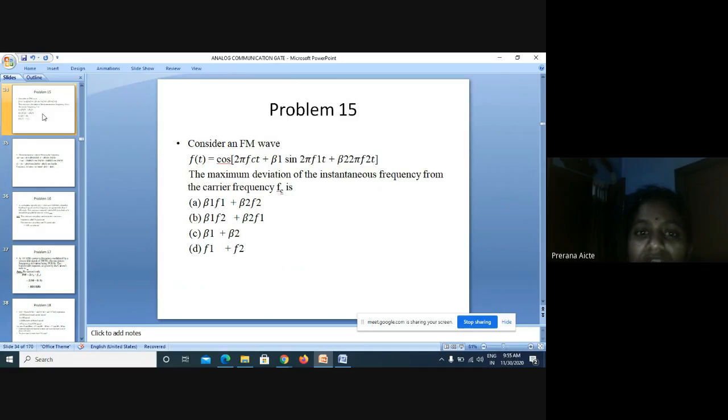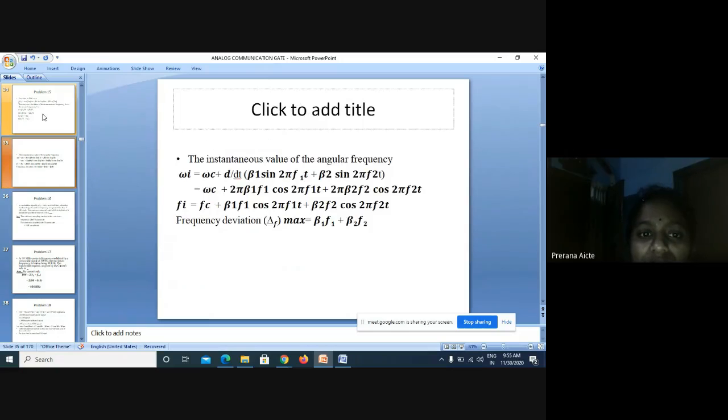In this question, they are asking us to find the maximum deviation of the instantaneous frequency from the carrier frequency fc. In order to find this, first we'll find the instantaneous value of the angular frequency.